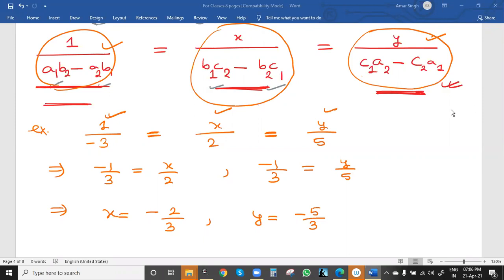Suppose for the cross multiplication method, this year we had no board exam for 10th students, so finally it got cancelled because of COVID-19. But they have reduced the portion also. Now 30% of the portion got removed for boards, and in this removed portion, this topic, the cross multiplication method, was there.